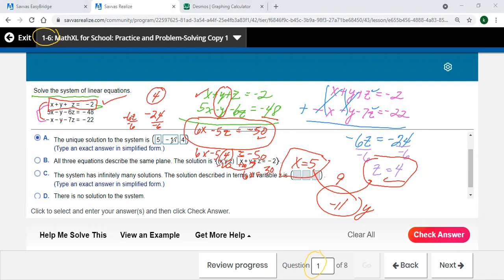Did I type them in right? Yeah, they look right. So if z was 4, when z was 4 right here, I had a negative 5 times 4 was negative 20. So this has to be 30. So x was 5, a negative 5, and a positive 5.